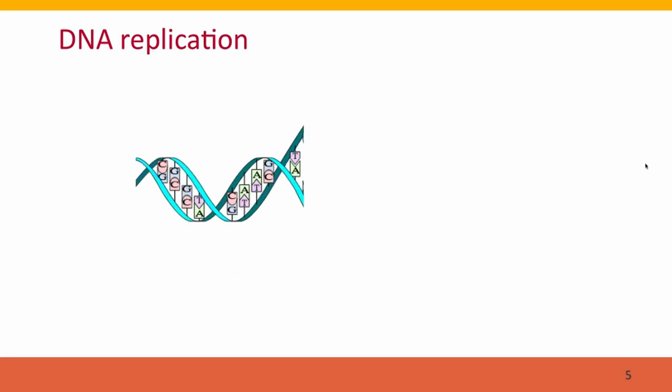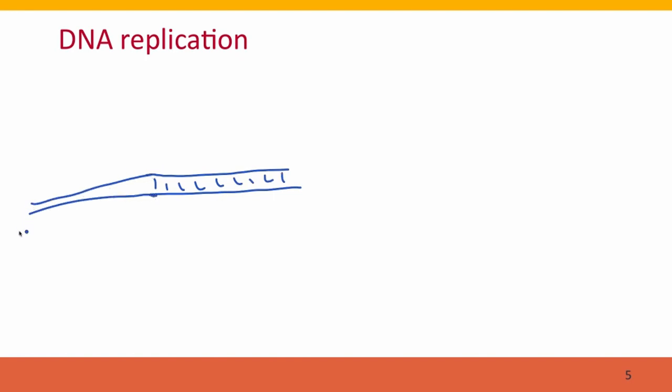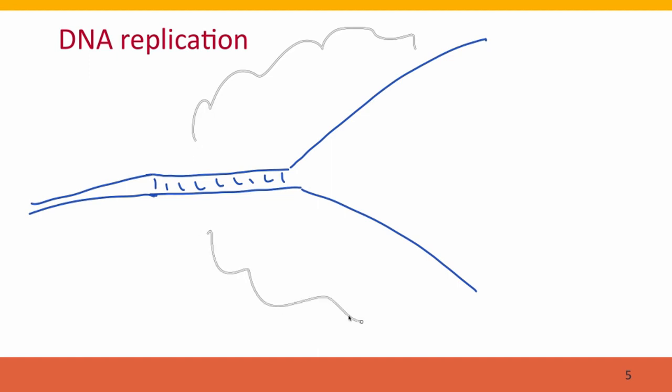Now I'm going to do a simpler drawing of the same process. I won't bother doing the helical structure, I'll just show the two strands of DNA, base paired, continuing off into the distance of miles of DNA, and coming apart under the influence of DNA polymerase.